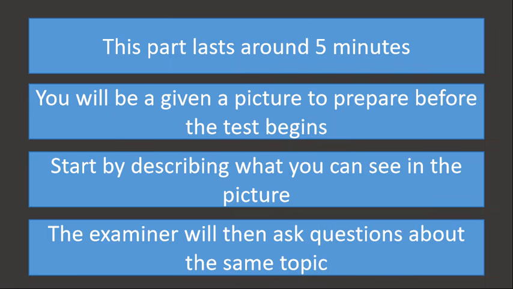So in the 10 minutes before the test begins, you can prepare things for task 1 and task 3. So you can prepare some answers and work out what the questions are going to be for the role play, and you can also prepare your description of the picture, but you won't see the questions that come afterwards. However, they'll be related to the same topic.